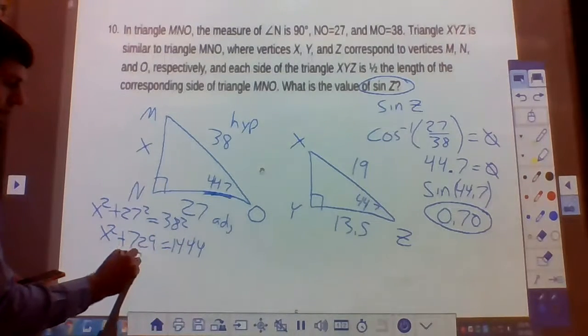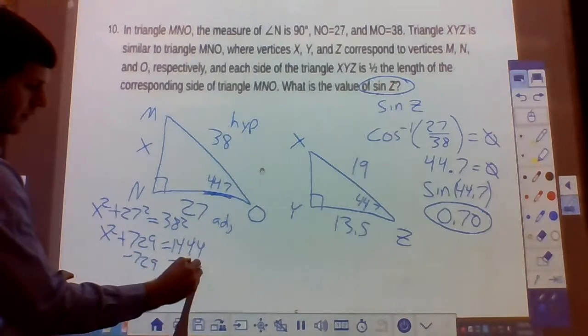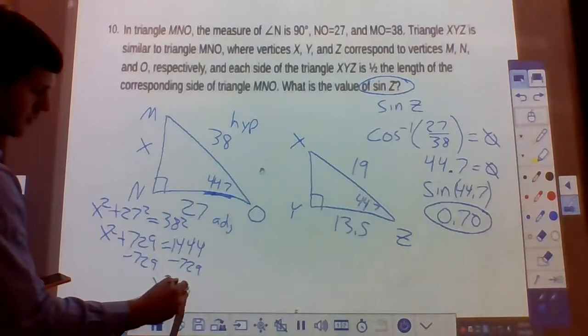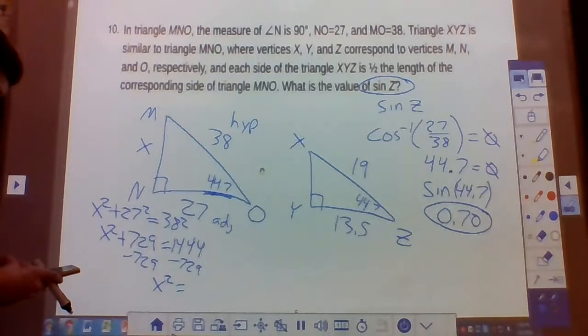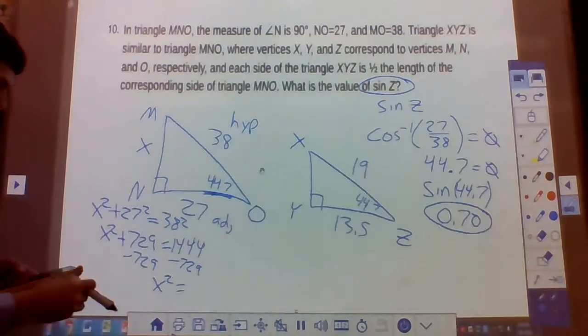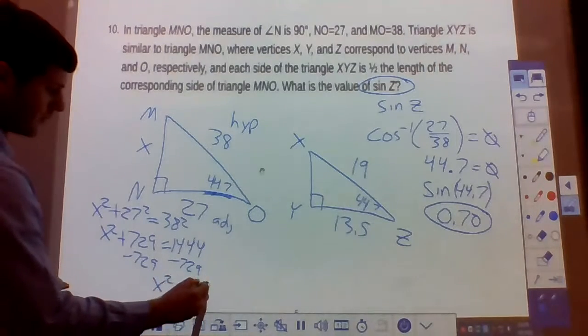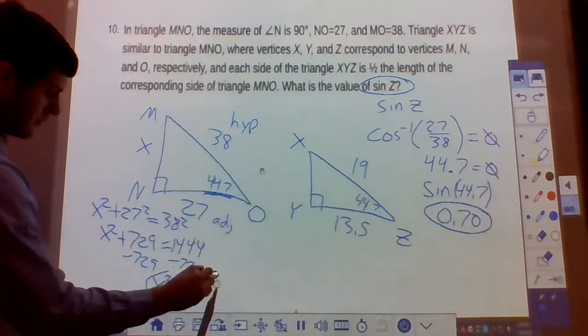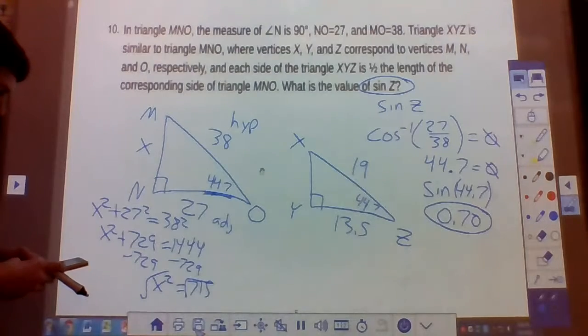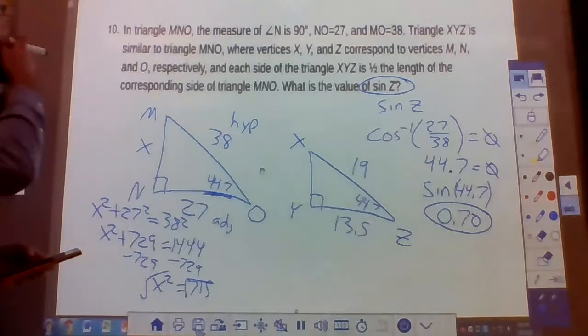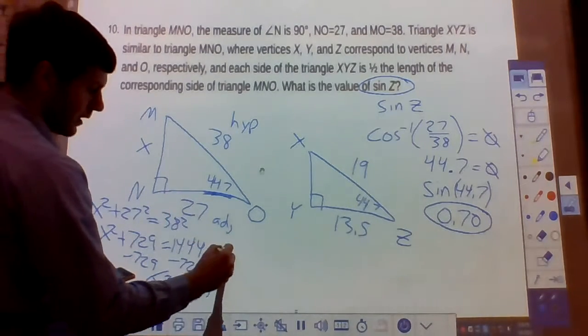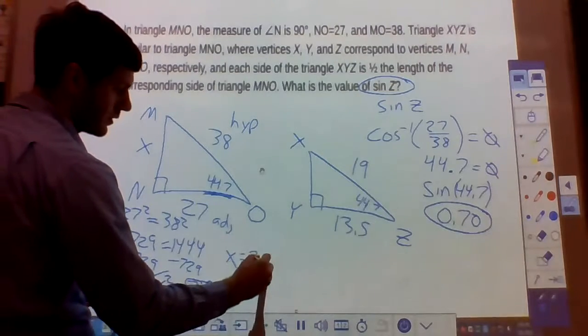We subtract 729. We get x squared equals 715. And then if we take the square root of both sides, we get 26.7. X equals 26.7.